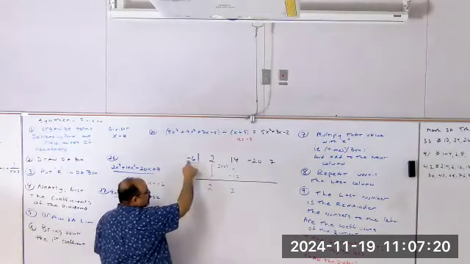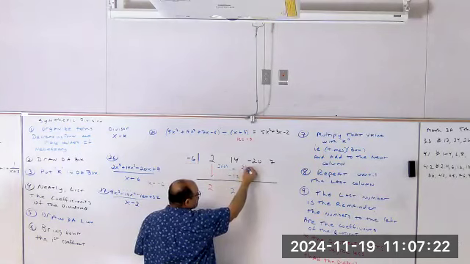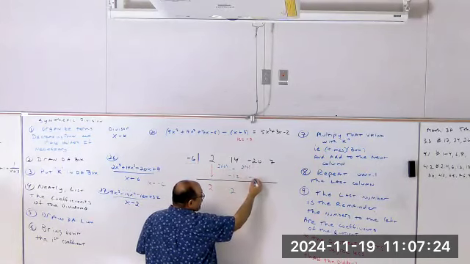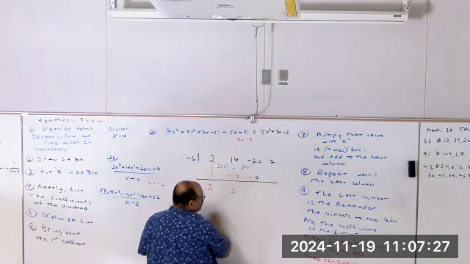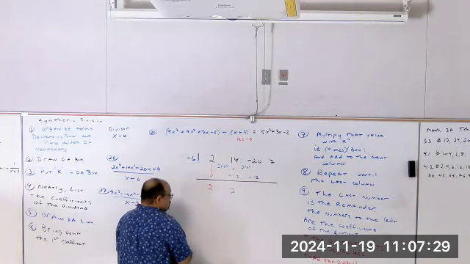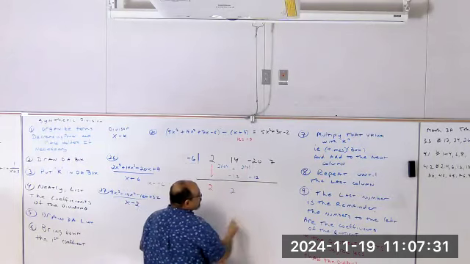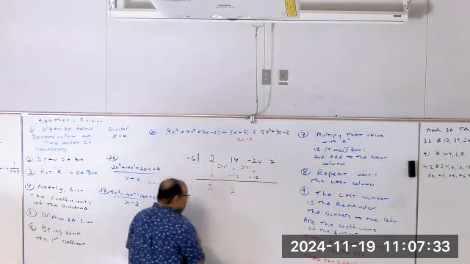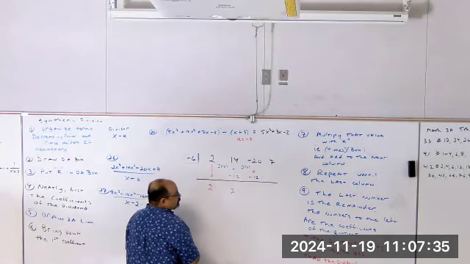Then you multiply 2 times -6 again. So we get -12 again. And then you add. What's -20 minus 12?